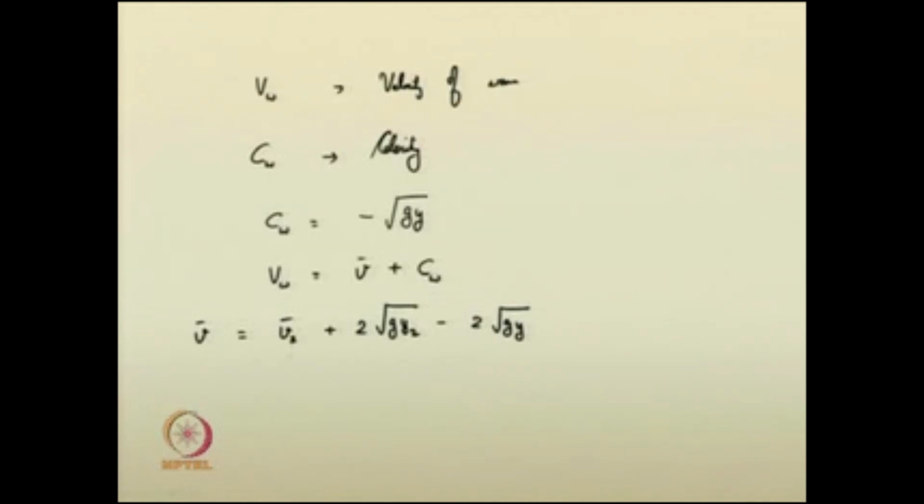Here V bar we are substituting by V w and C w. So, V bar is nothing but V w minus C w. So, V w minus C w, with C w equal to minus root g y, is equal to V2 plus 2 root g y2 minus 2 root g y.